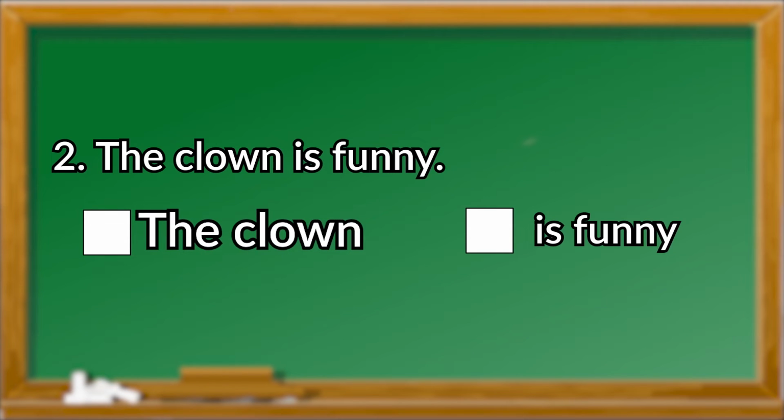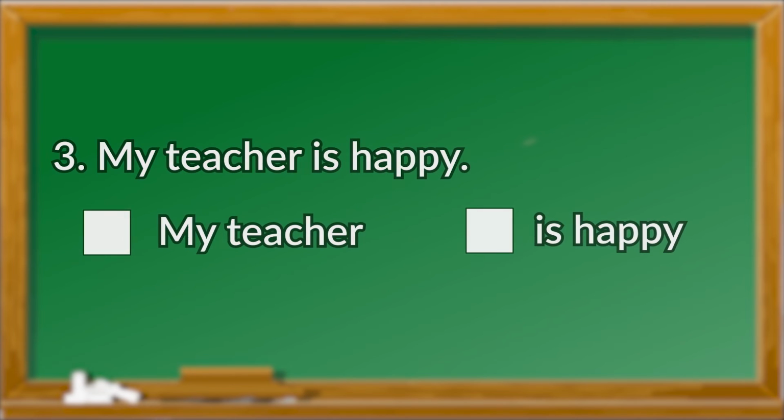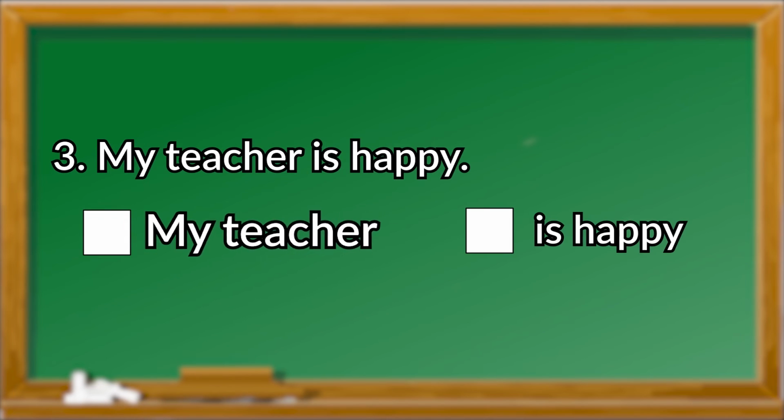So the subject is the clown. Number 3, my teacher is happy. First box, my teacher. Second box, is happy. So who is happy? My teacher. And the subject is my teacher.